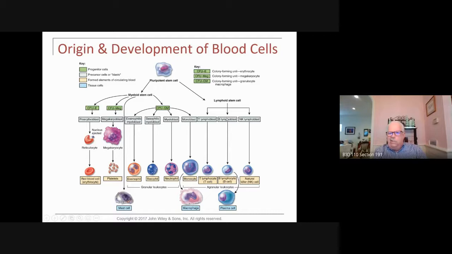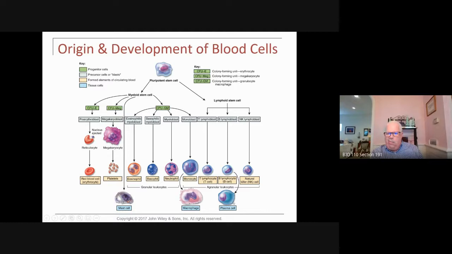The B lymphocyte produces the B cell. You'll learn that the B lymphocyte is born in the bone marrow. They are both born in the bone marrow. The B lymphocyte matures in the bone marrow. The T lymphocyte matures in the thymus gland. Okay? The B lymphocyte becomes a plasma cell.